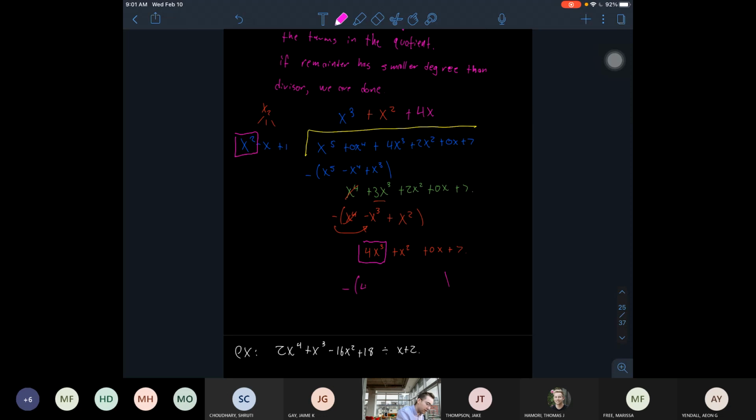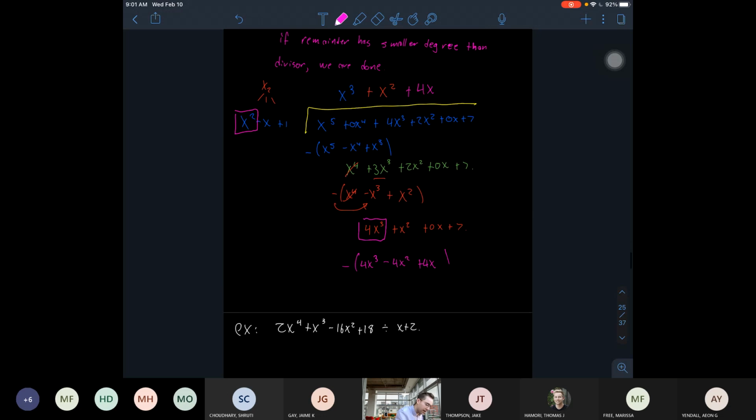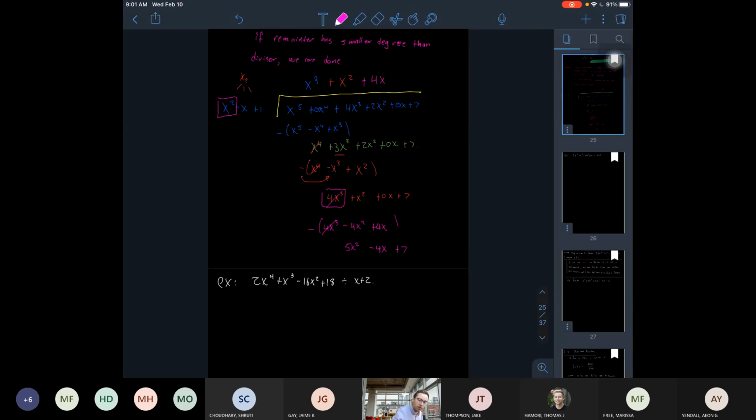So I'll get 4x cubed minus 4x squared plus 4x. And if I subtract that, these ones will cancel, and then I'll have x squared minus negative 4x squared is 5x squared plus, no, minus 4x plus 7.